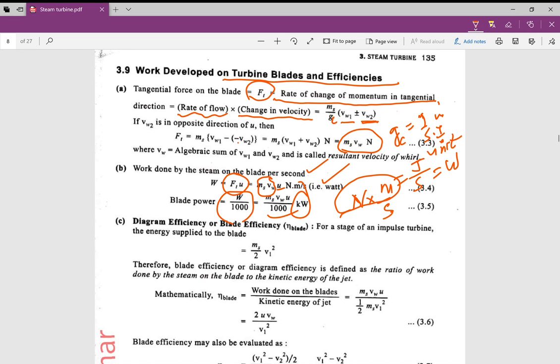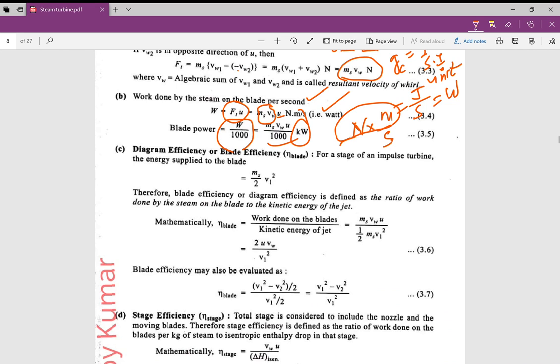Now come to diagram efficiency. Efficiency for anything is output upon input. Output we have calculated just now. For input, we get kinetic energy from the nozzle, which we know is half m v square. Here m is the mass flow rate of steam, and this is the absolute velocity, because with this velocity steam comes out from the nozzle.